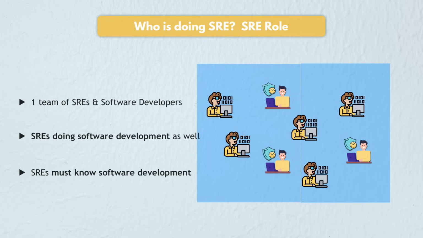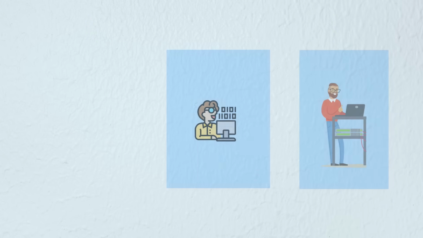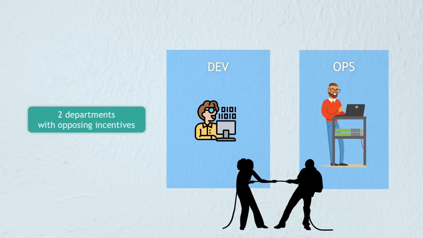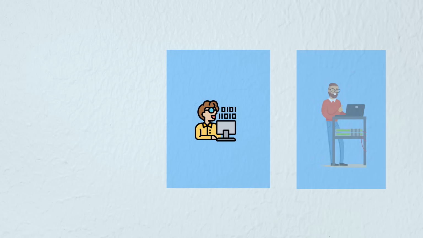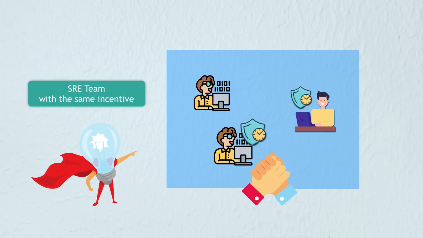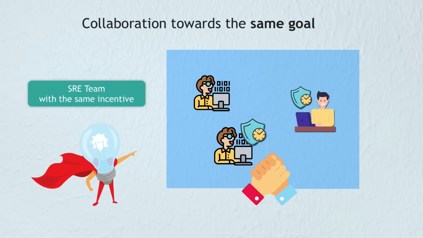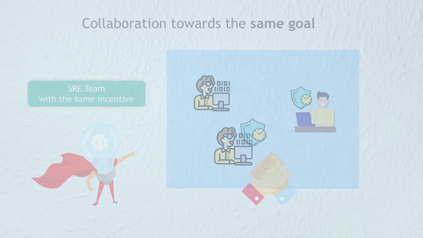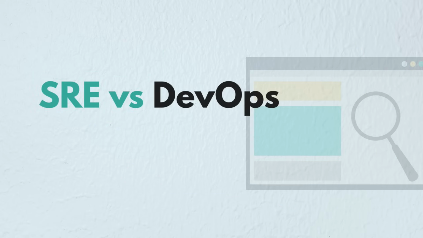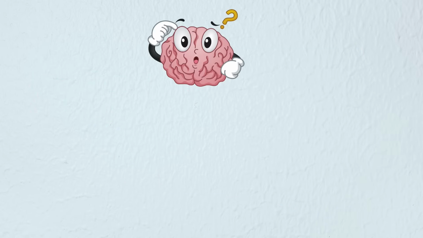But in both cases, as you see, we started off with a traditional way of software development with separate dev and ops with opposing incentives, and with SRE, we gave devs and ops the same incentives and put them on the same side.